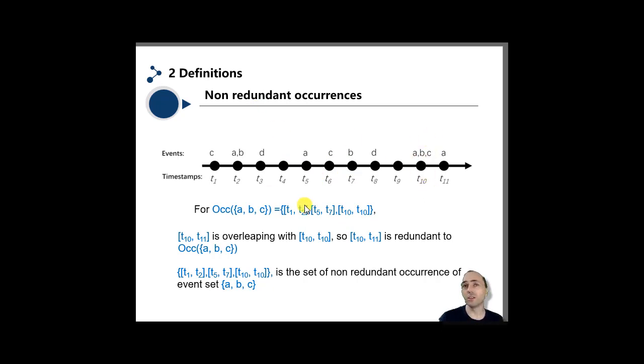These occurrences, T1 to T2, T5 to T7, and T10 to T10, are occurrences of ABC. They are also not overlapping, so these occurrences are non-redundant, meaning they don't overlap over time.